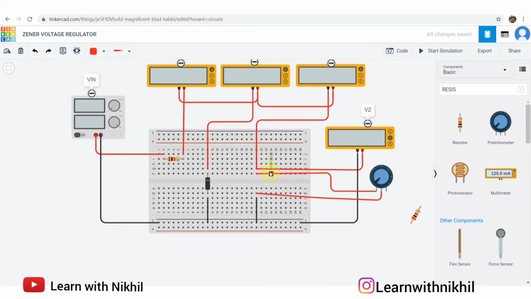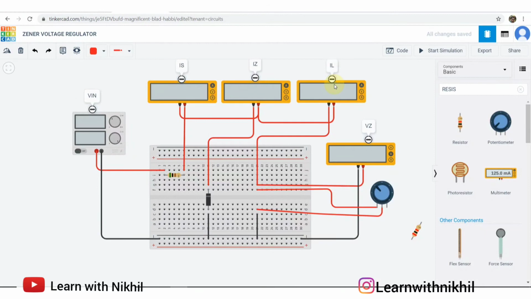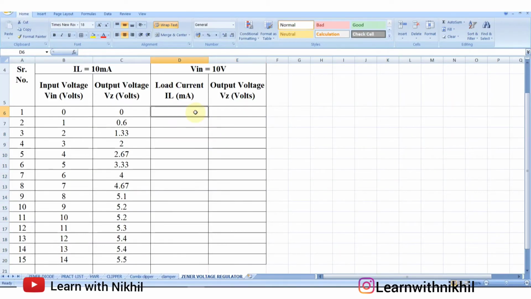Now with this I can vary. I'll keep this at around 2 kilo ohms, and I'll keep this resistance now at 500 ohms. Now to start with the simulation of load regulation, we'll vary this voltage again from 0 to 10.